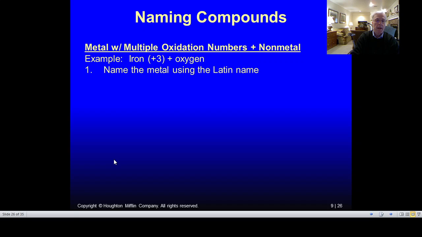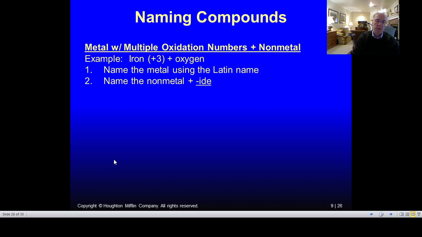Now, let's say we want to understand all the ways that we might name compounds where a metal has more than one oxidation number. A rather outdated system, but I only mention it because you still see it from time to time, is to use the Latin name for the metal.